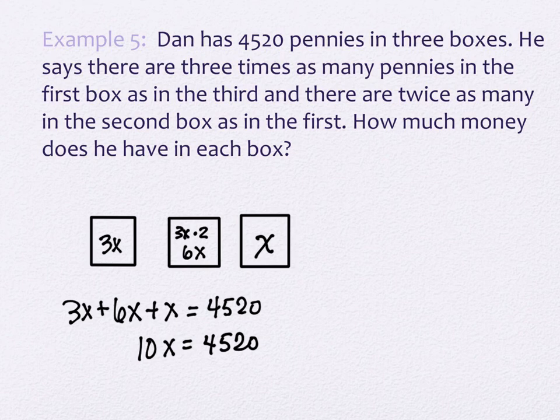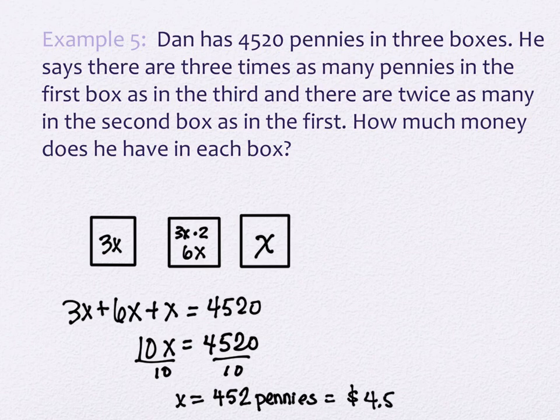So dividing by 10 is so nice because you can mark out the 0, right? So division by 10 would give me 452 pennies. And then I can go back and figure out how many dollars that would be. How much is 452 pennies?